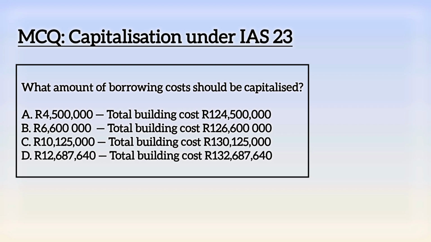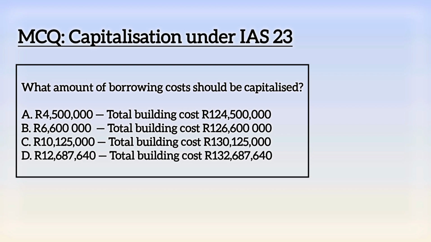Okay, so option A, we have 4,500,000. Total building cost 124,500,000. B, we have 6,600,000. Total building cost 126,600,000. C, we have 10,125,000.